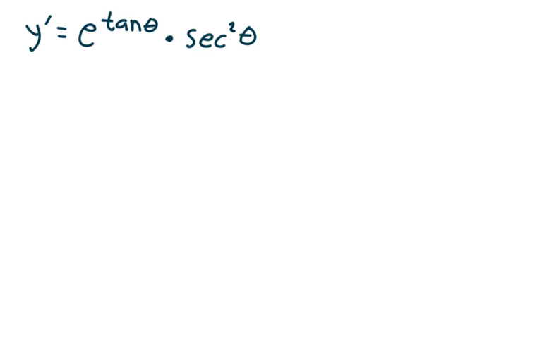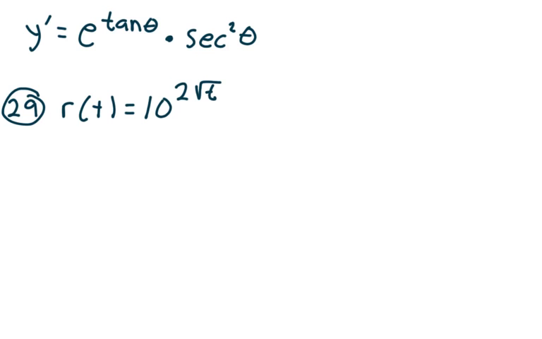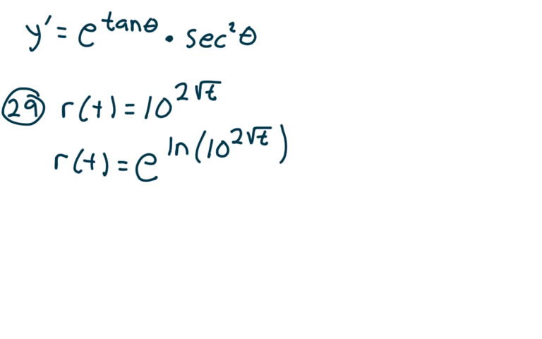And I want to take a look at problem number 29 for the last question of this video. Suppose r of t is equal to 10 raised to the power of 2 square root of t. Now, what I'm going to do is the following. I'm going to write r of t as e raised to the natural log of 10 raised to the 2 square root of t, like so.